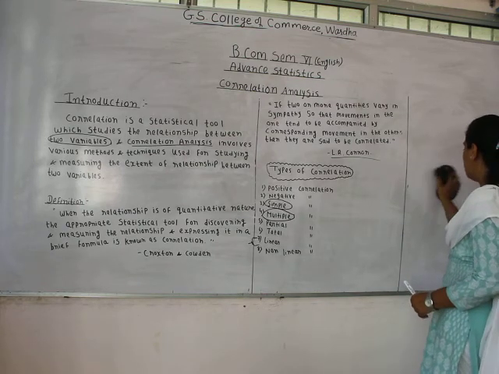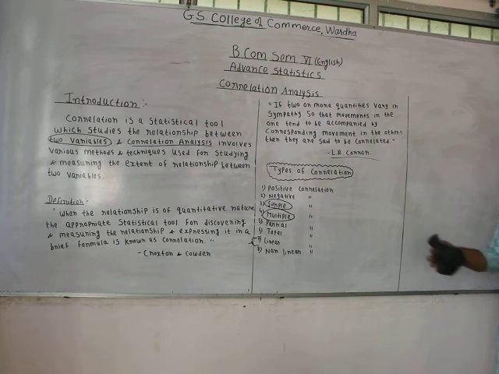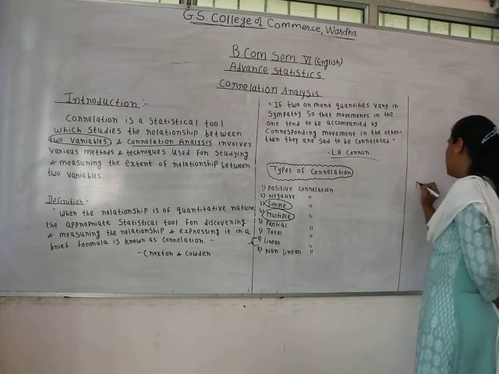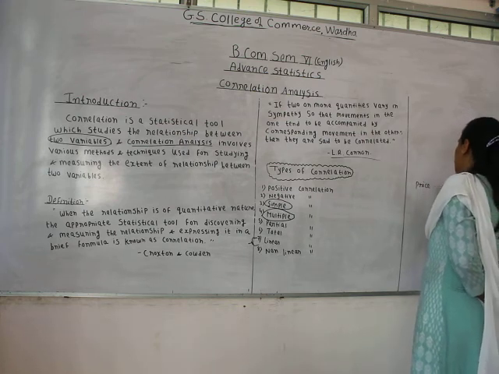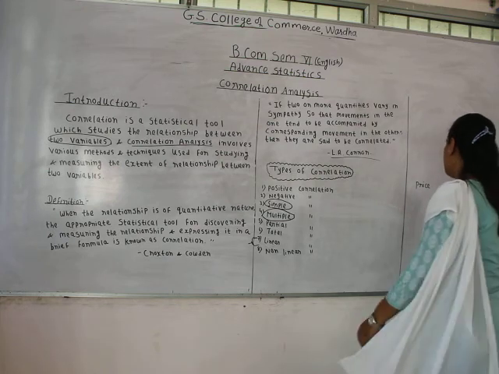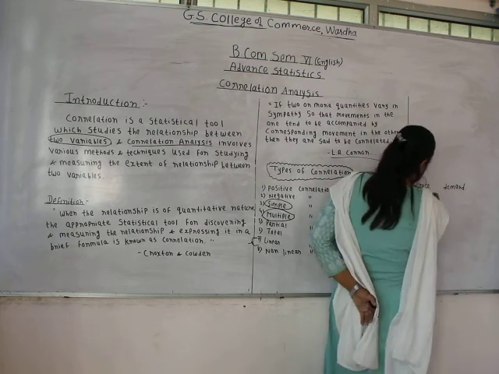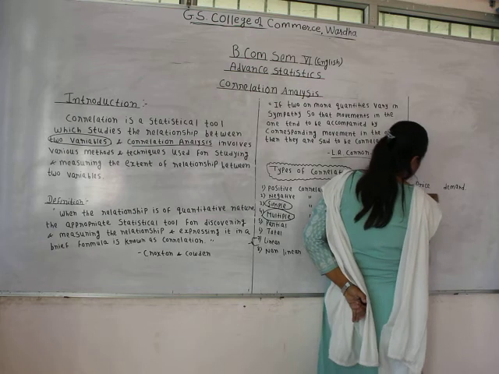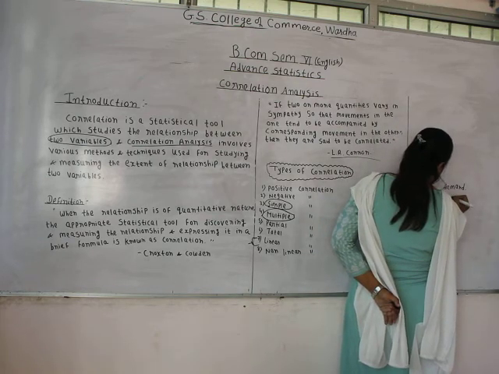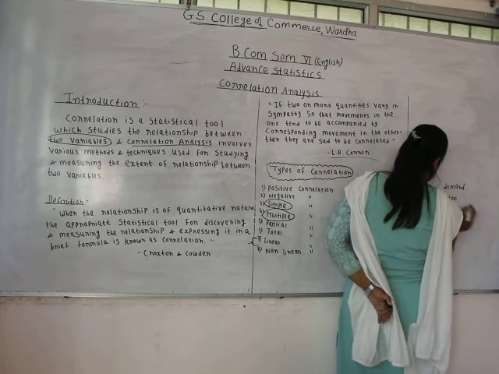The next one over here is non-linear correlation. Now we will take another example to understand the concept of non-linear correlation. Again we will take the example of price and demand. Assume the price of a commodity is 100 rupees, and at this price 100 units are being demanded.